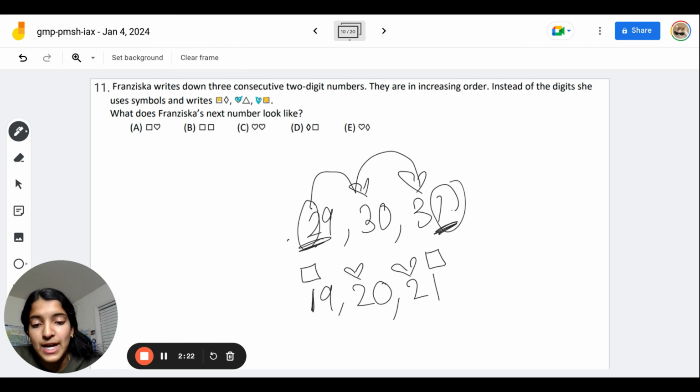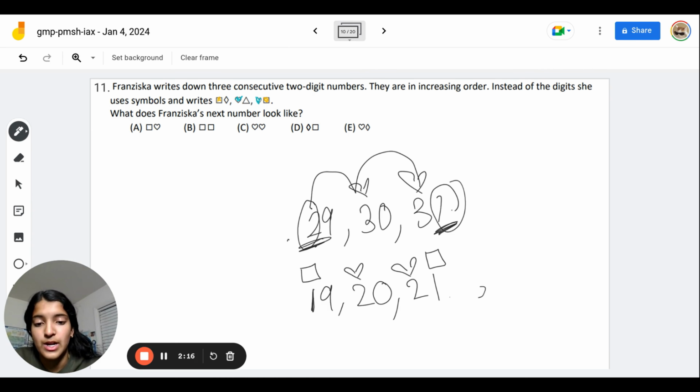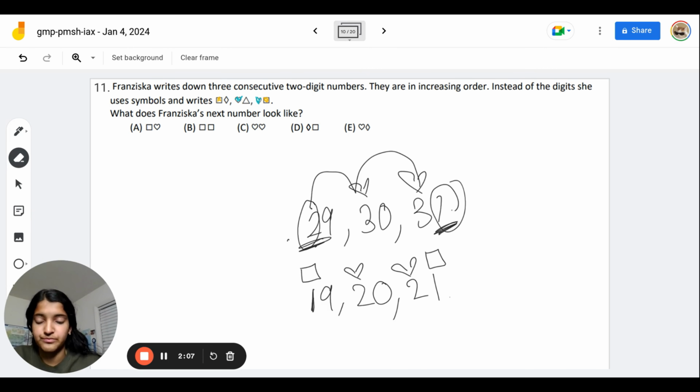And then your diamond would be a 9, and your 0 would be a triangle. So the 9 is a diamond and the 0 is a triangle.